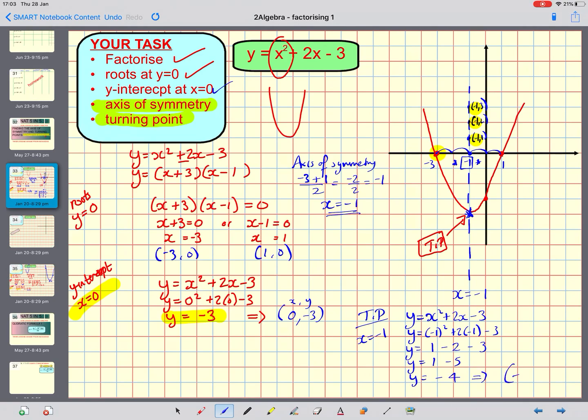So my turning point occurs at negative 1, negative 4. And actually my drawing looks pretty good, so here's my turning point. That was just a flick, because I don't know how far down the parabola's going when I was drawing it before. But I have pretty much drawn the turning point at negative 1, negative 4.